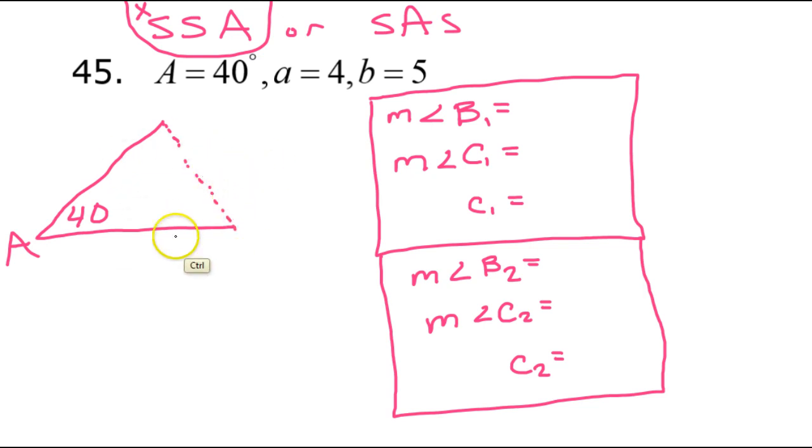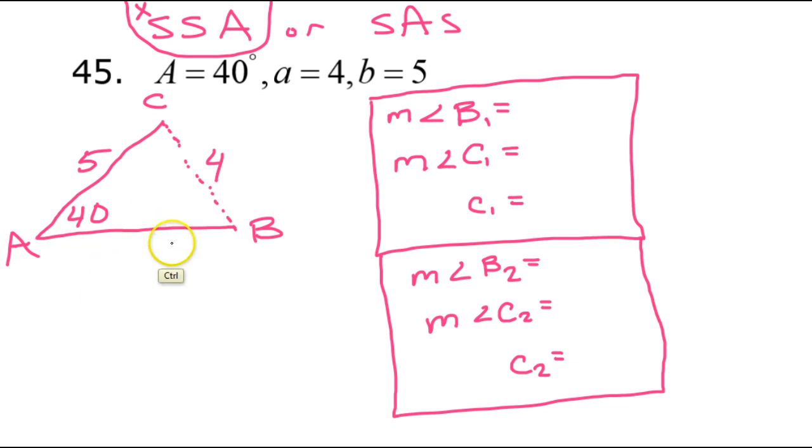All right, picture this as a rope that swings back and forth. Anyway, that's side A, so this will be 4. You should let the other side they give you, this 5, be this side on the left. So this is going to be 5, and that's side B, which makes this angle B, which makes this angle C.